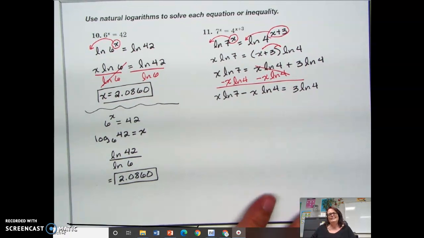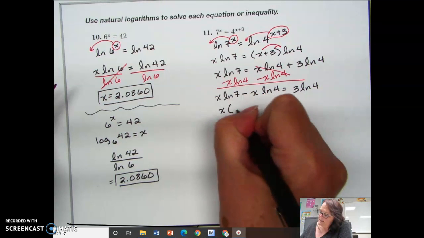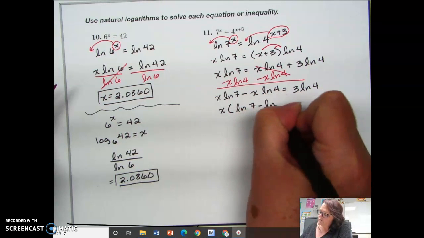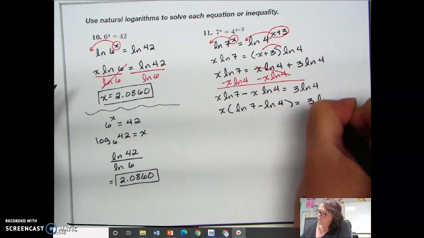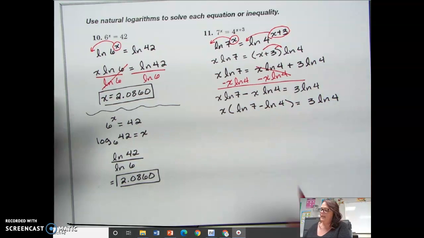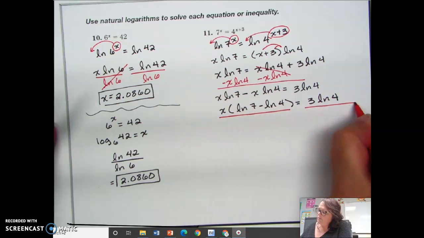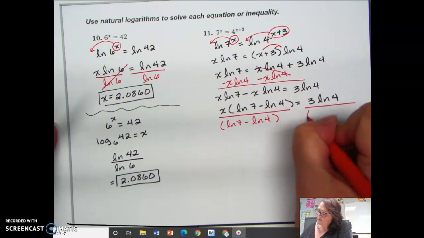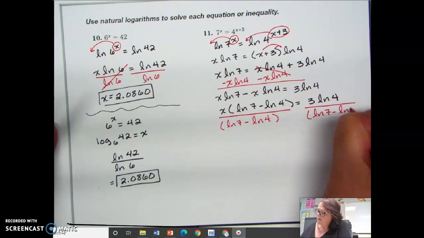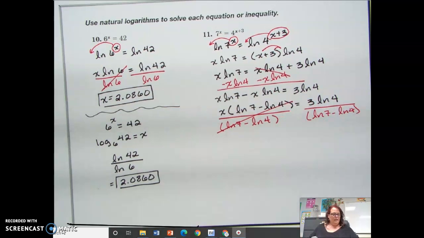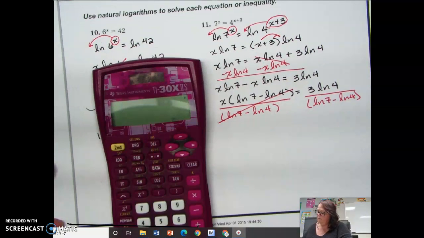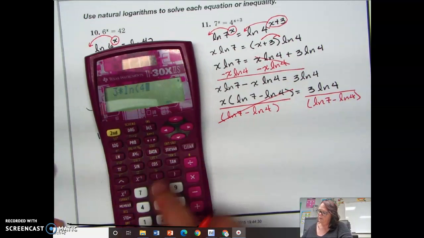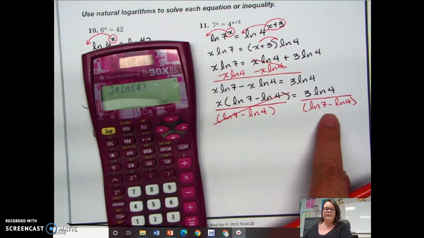And then what would be the next thing that we would want to do, trying to get that x all by itself? So hopefully you see that we would factor out the x. That leaves you with natural log of 7 minus the natural log of 4. And then now to get x by itself, I would divide by those parentheses. So these cancel. And so coming up here, I would have 3 times the natural log of 4, close the parentheses, and then we need these parentheses in the denominator.